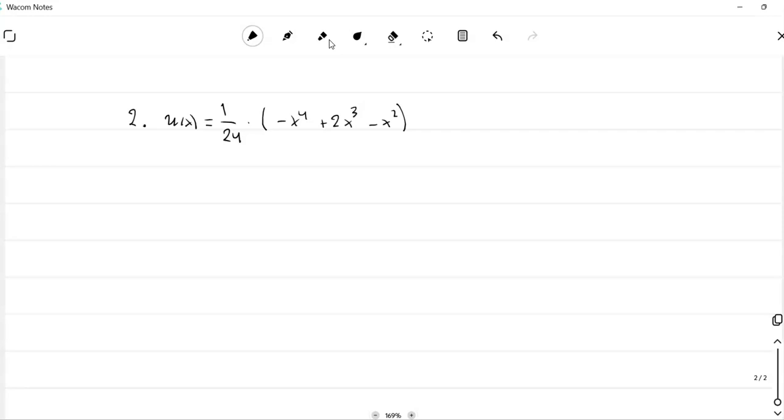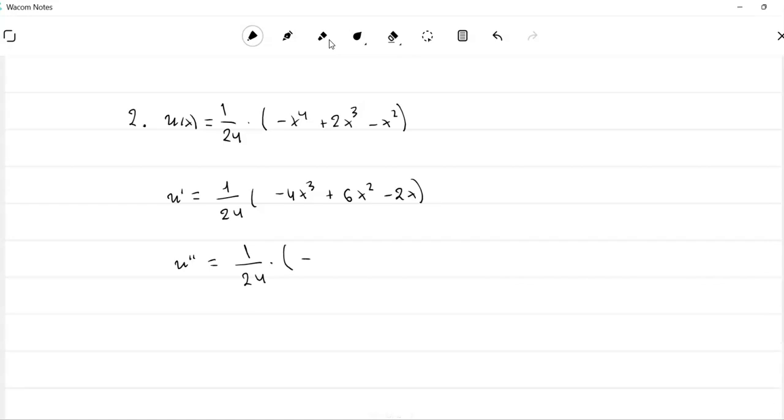Now I need to check that this satisfies the biharmonic equation, so I will take the first derivative. So this is 1 over 24 times minus 4x cubed plus 6x squared minus 2x. The second derivative is 1 over 24 times minus 12x squared plus 12x minus 2.